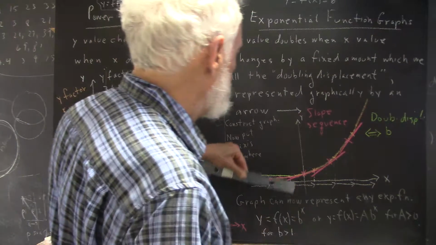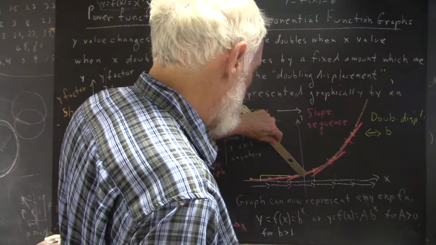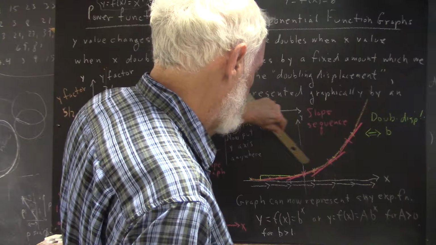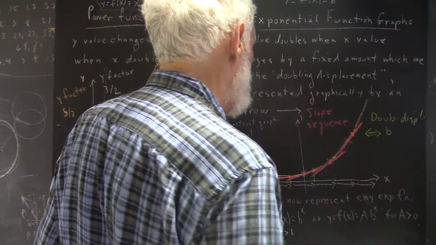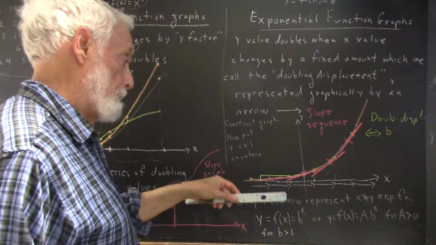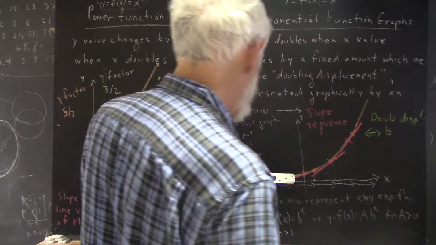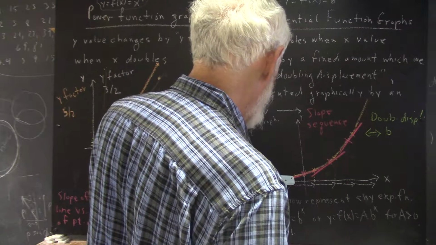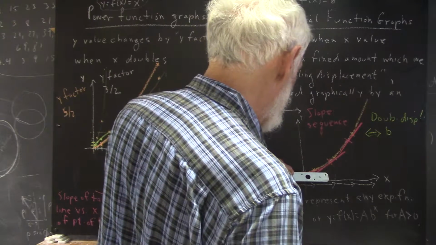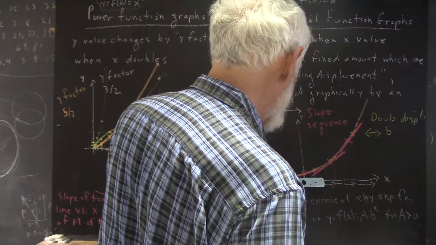Now, I want to draw a triangle representing the slope of the tangent line to the second point. And to do that, I want to be able to directly compare the slope of the first graph to the slope of the second.